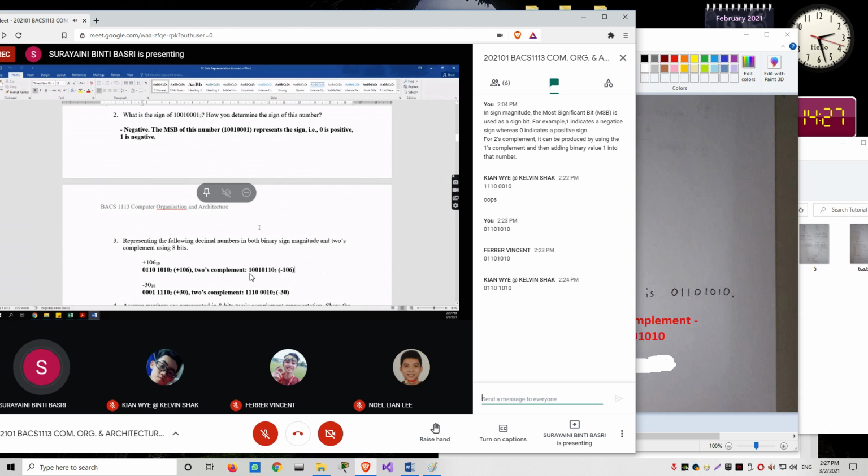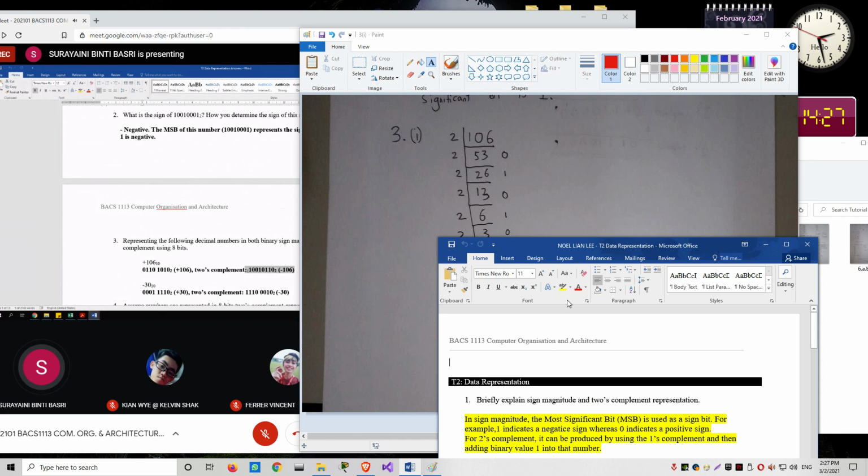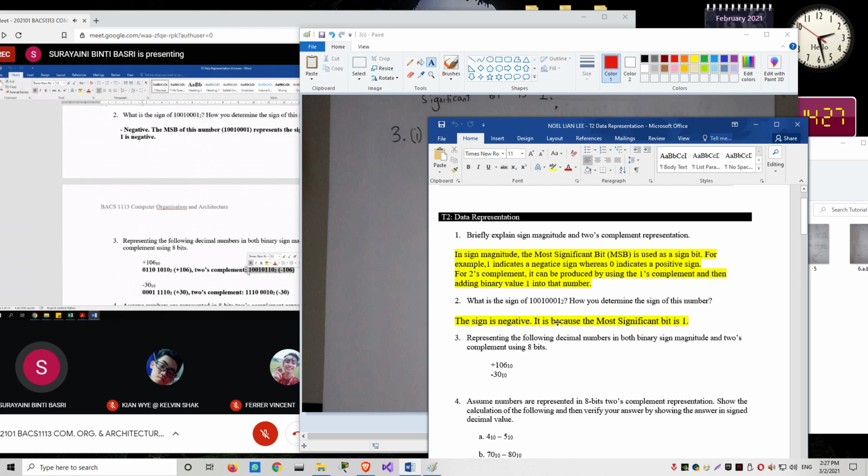First you already get its sign magnitude, and then to get the 2's complement, remember the purpose of doing the 2's complement is to get its opposite number. So if you have this 106, by doing the 2's complement operation you can get its negative number. Remember the purpose of the 2's complement calculation is to get the opposite number of that number.